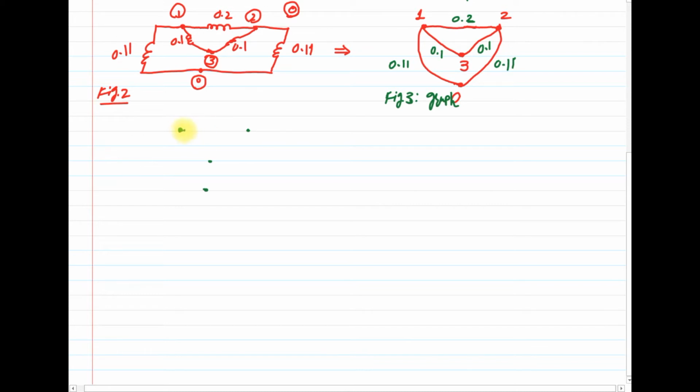You can draw any tree which is possible, but here I will consider the one shown in figure number 4. By definition, all nodes should be considered, and there should not be a closed path formed by the network. Then it is known as the tree. Clear?